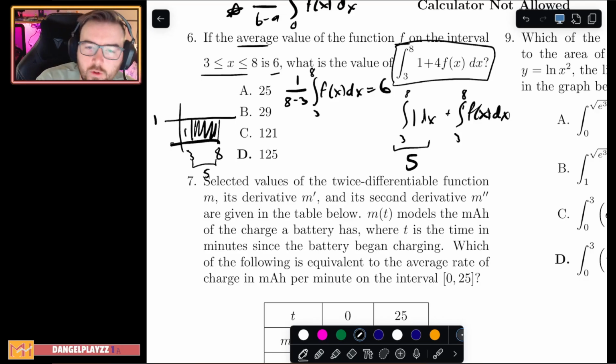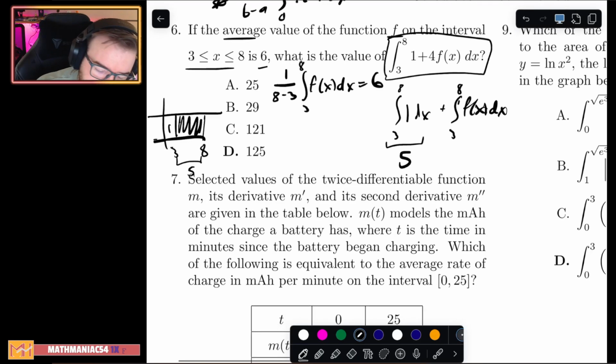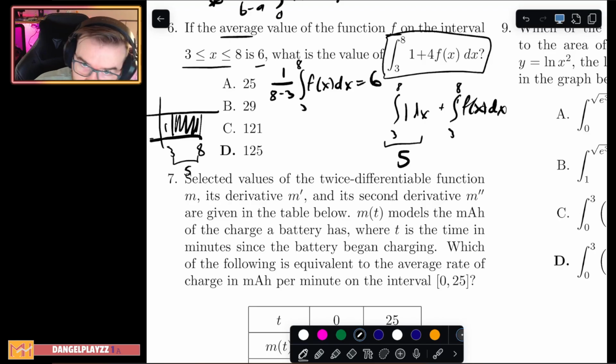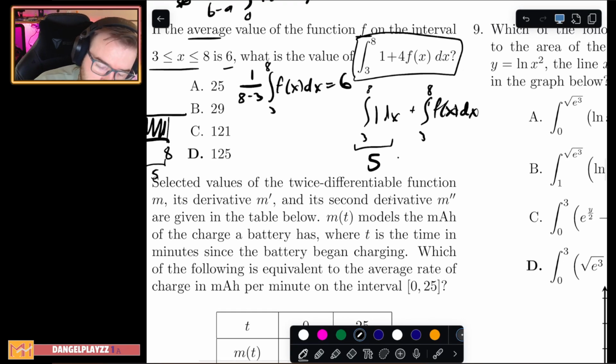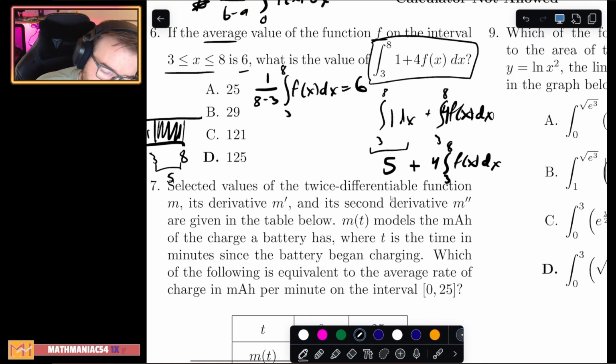Because at its core, an integral is sort of like the area underneath the curve, right? Sometimes there's negative area, sometimes there's positive area. So that's 5 plus, and then this is, oops, I forgot the 4, sorry. Well, 4 times this integral. Well, this information is so valuable because this is a 1/5, of course.